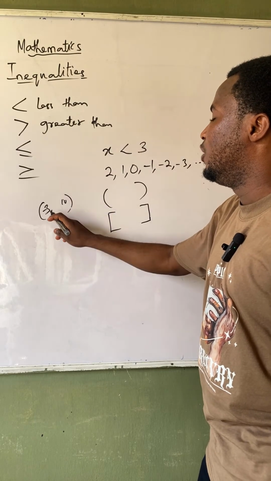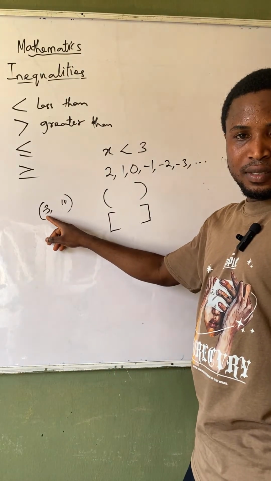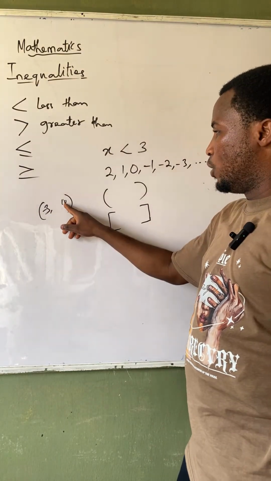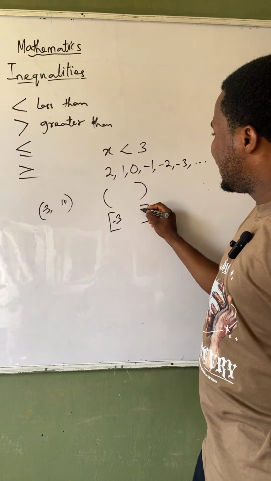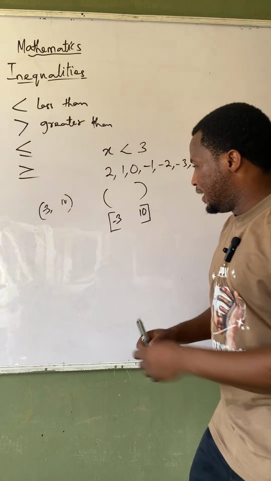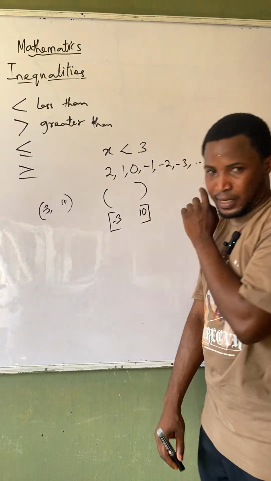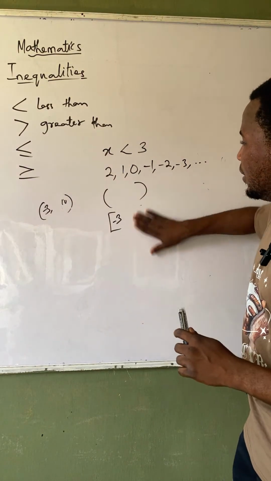It means that the numbers here do not really end here. Because it's open, it can exceed -3, and this one too can go beyond 10. But if I put this closed, it means that it must not be more than 10. But that's not where I'm going for today's class. Let me just leave that.